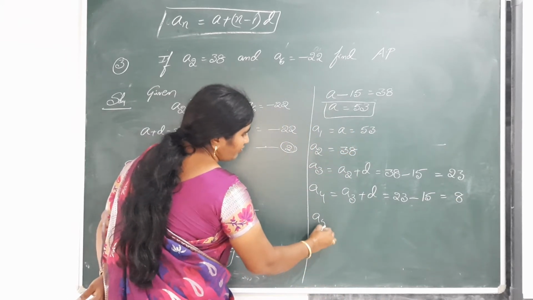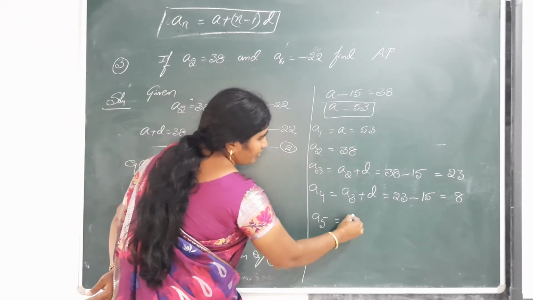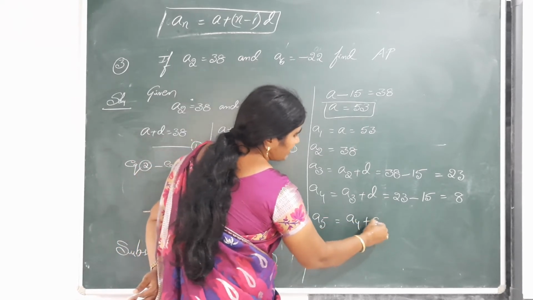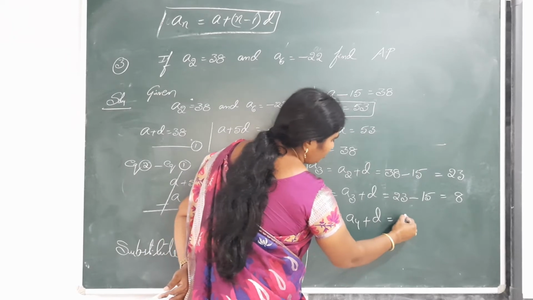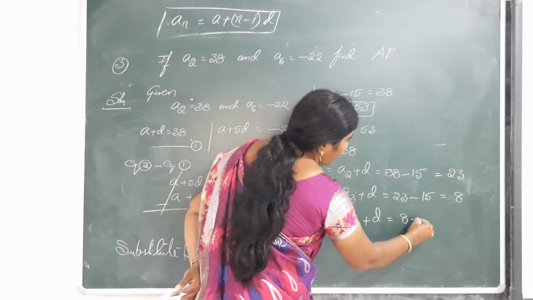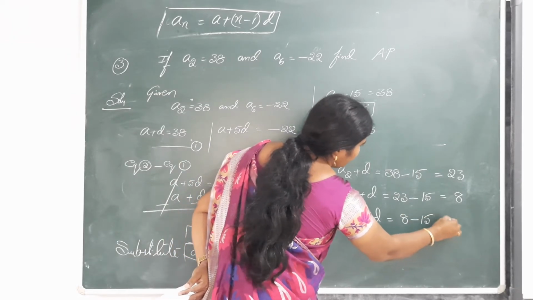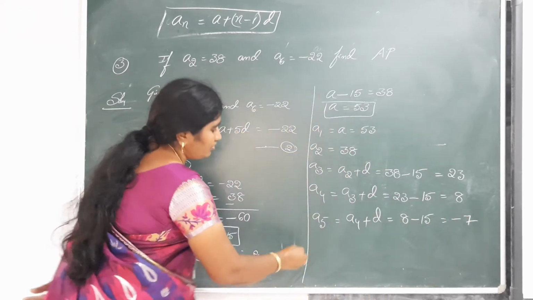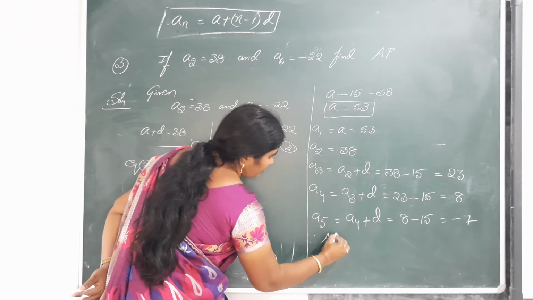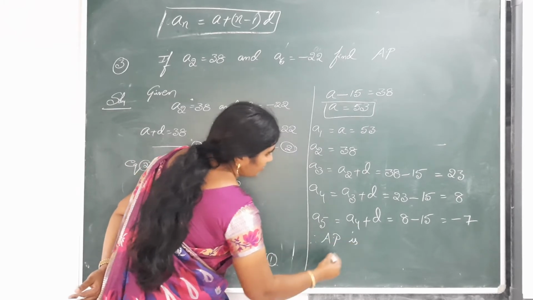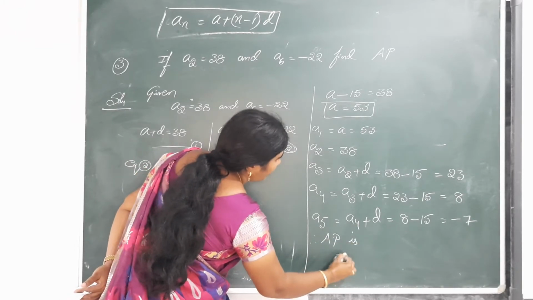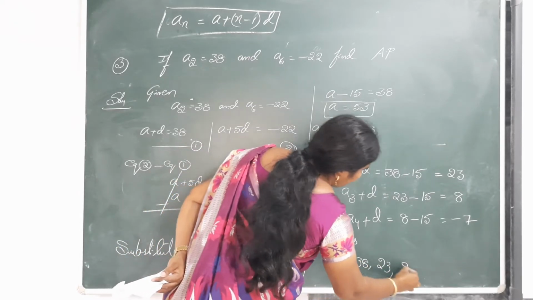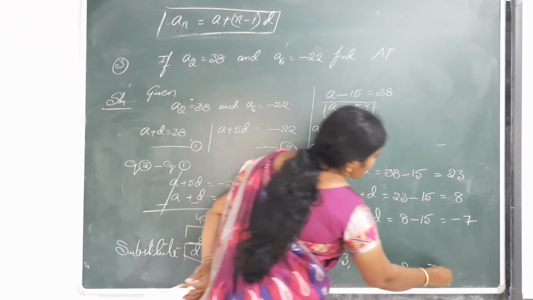Next, A5 equal to A4 plus D, that equals 8 minus 15, that equals minus 7. Therefore, the AP is 53, 38, 23, 8, minus 7 and so on.